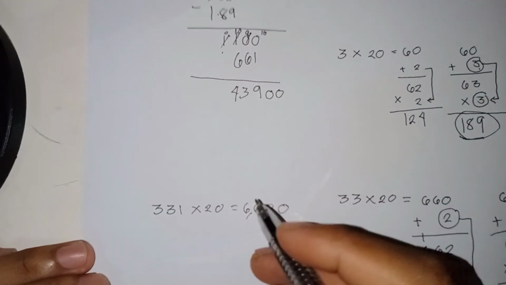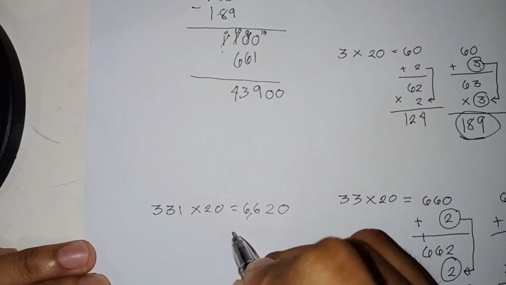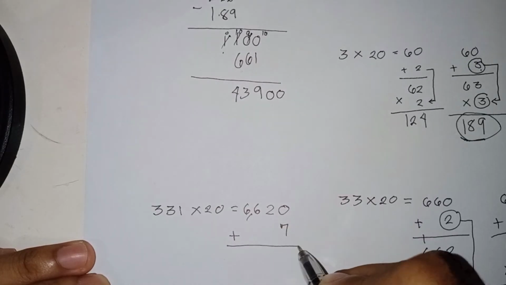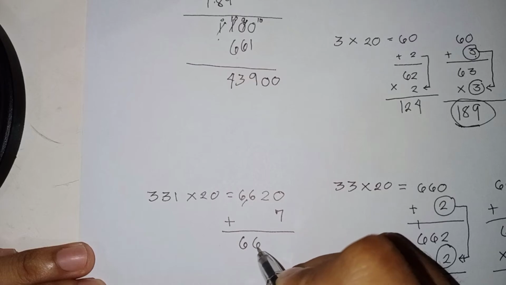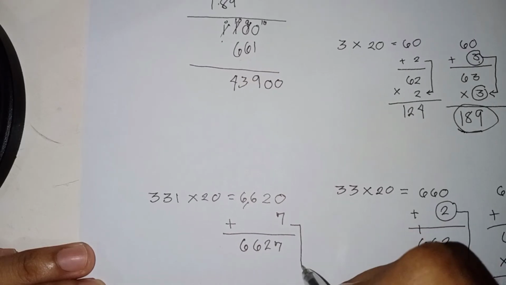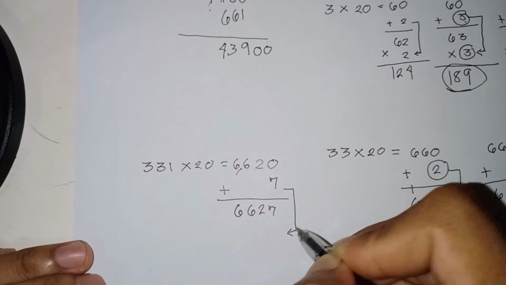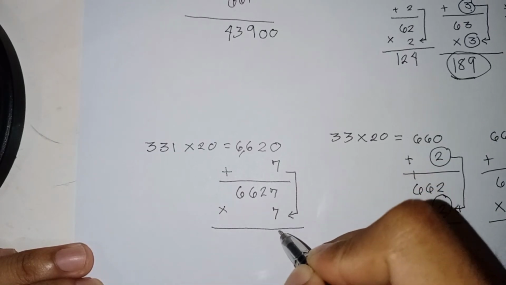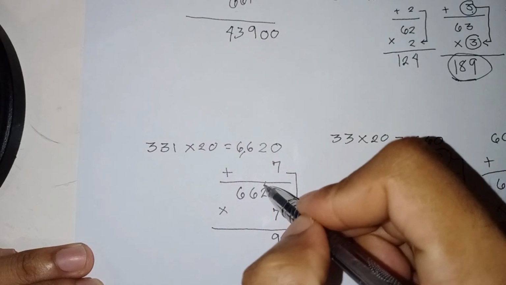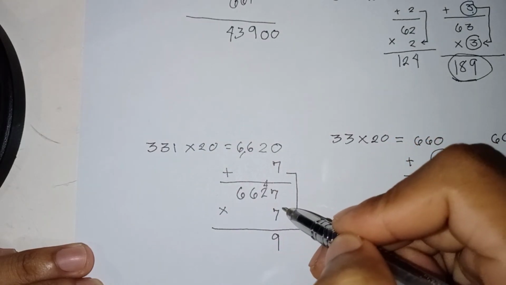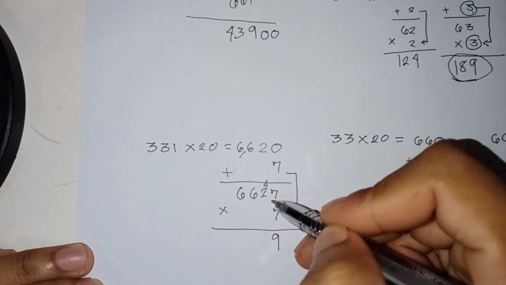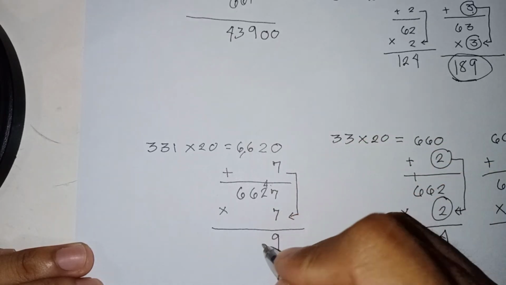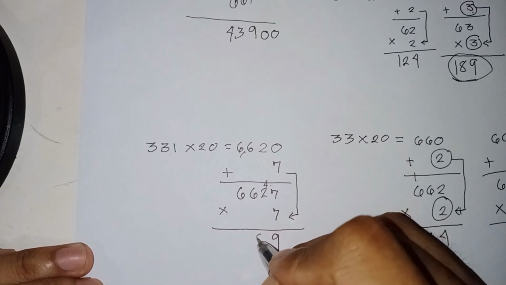So for example, let's try adding 7. 6,620 plus 7 gives us 6,627. Whatever number I used, that's also the one we multiply. So 7 times 7 is 49. Carry 4. Then 7 times 2 is 14, plus 4 is 18.